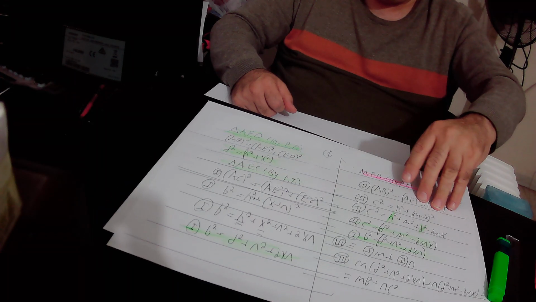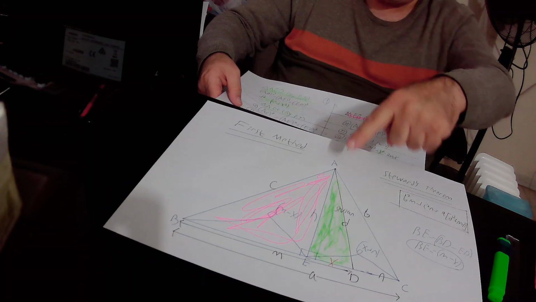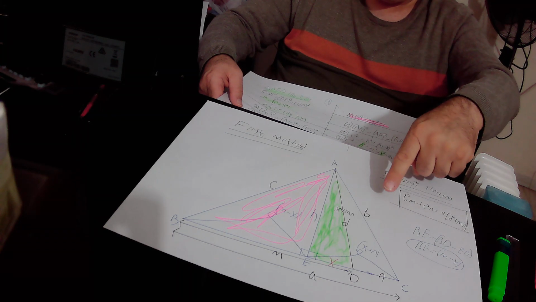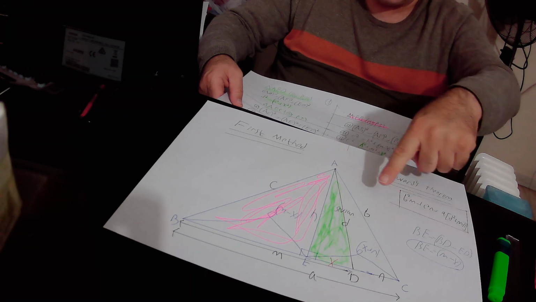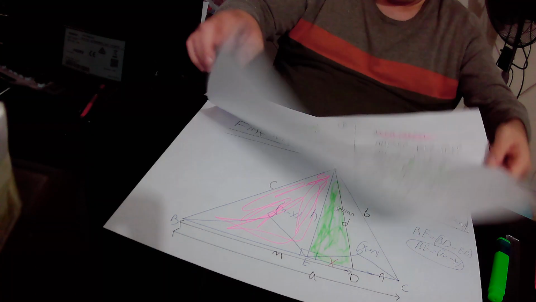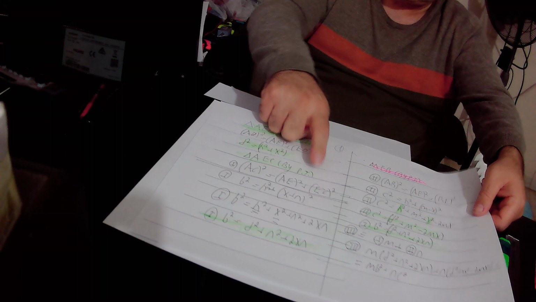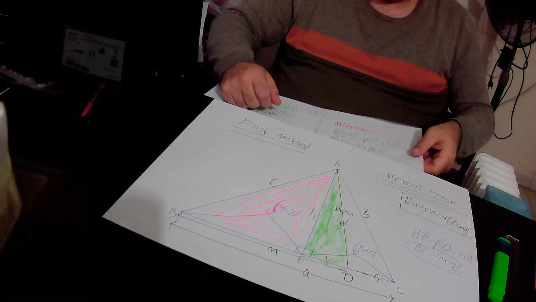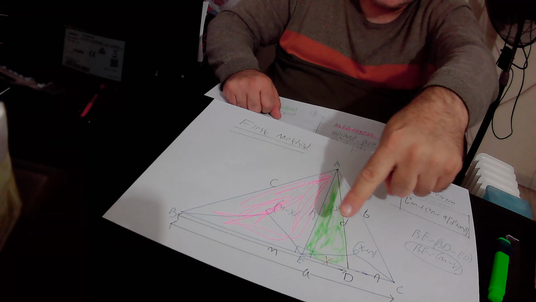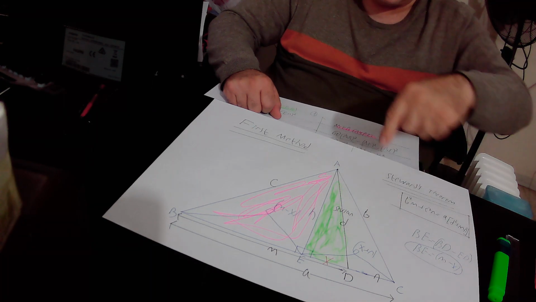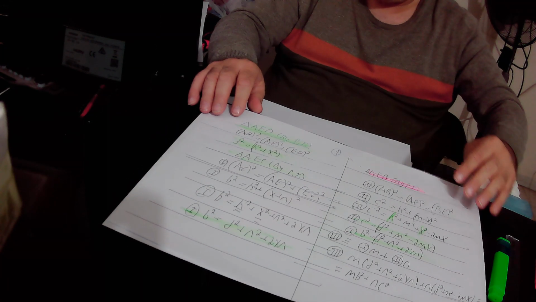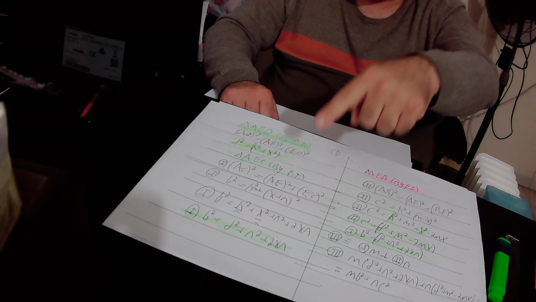Then we focused on the right triangle AEC. In this right triangle, b squared equals AC squared equals AE squared plus EC squared. AE equals h, EC equals x plus n, and AC equals b. And therefore, we get here that b squared equals h squared plus (x plus n) squared.